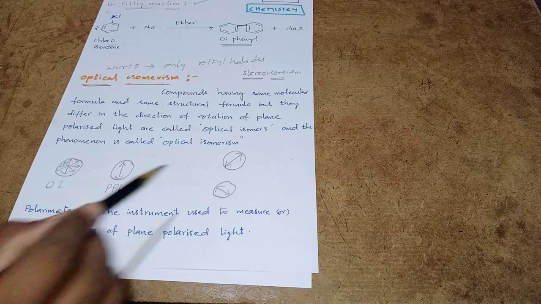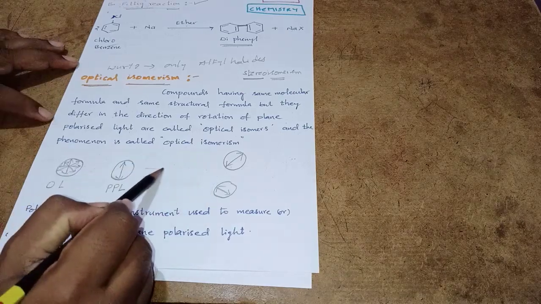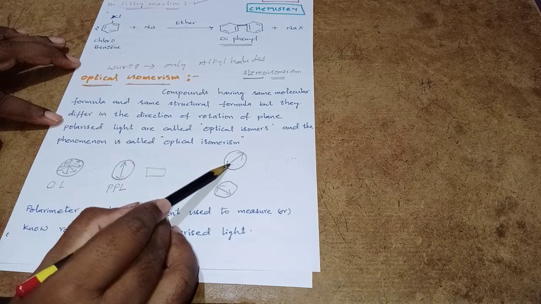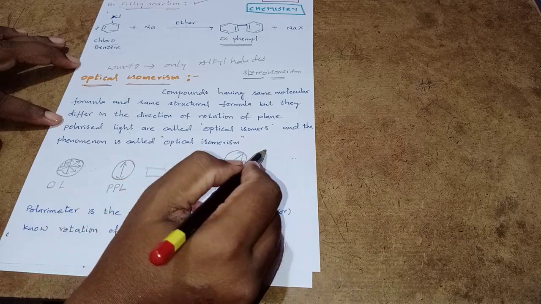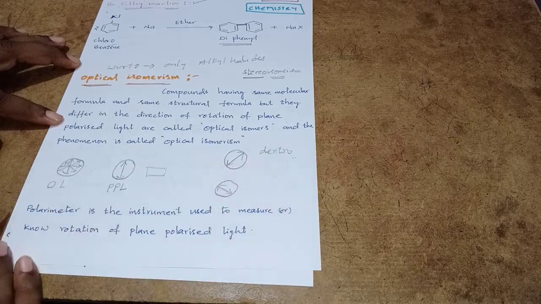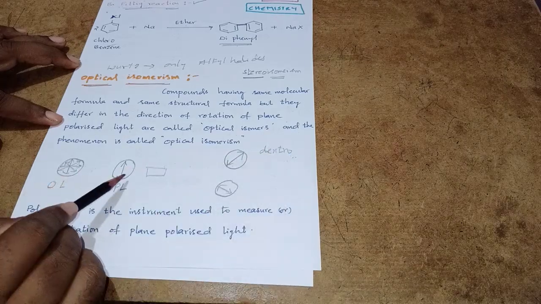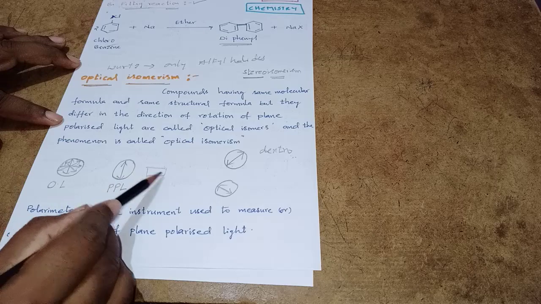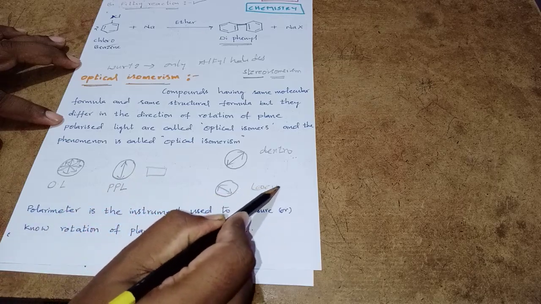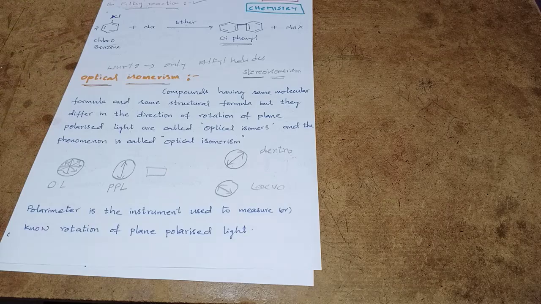If the substance rotates the plane polarized light towards the right side, then it is called a dextrorotatory substance. And if the plane polarized light is rotated towards the left side, then it is called a levorotatory substance.